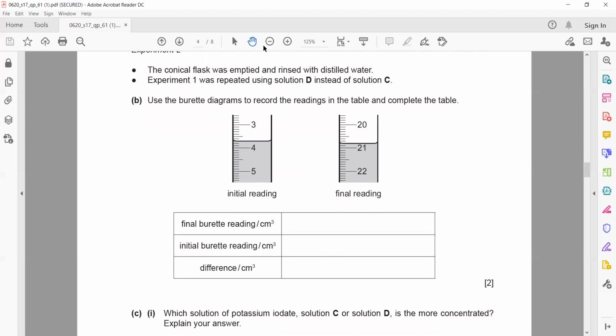And what is the difference? 17.1 will be the difference. So in the question, for D we need 17.1 cm cube of thiosulfate, but for C we need 34.2 cm cube of thiosulfate.